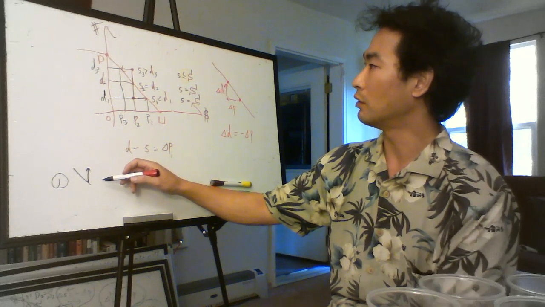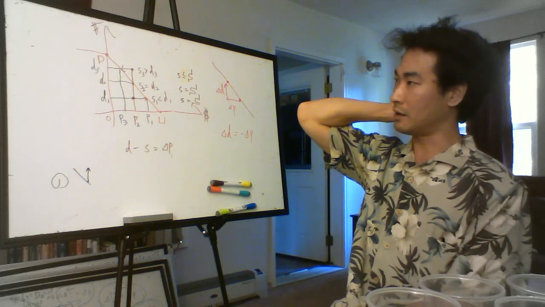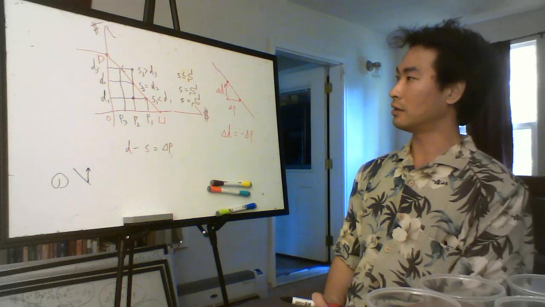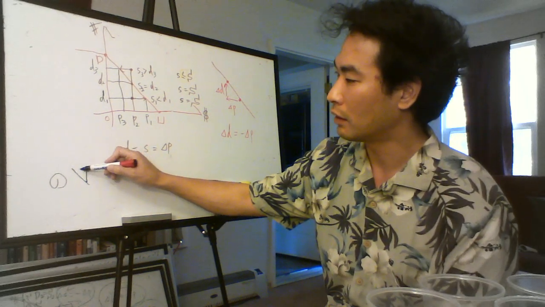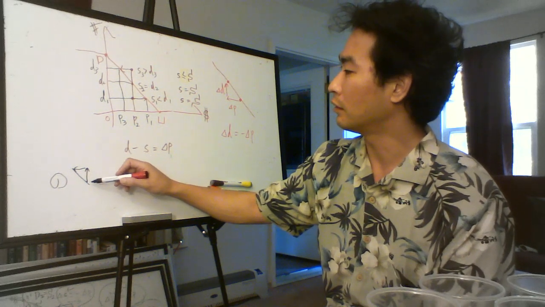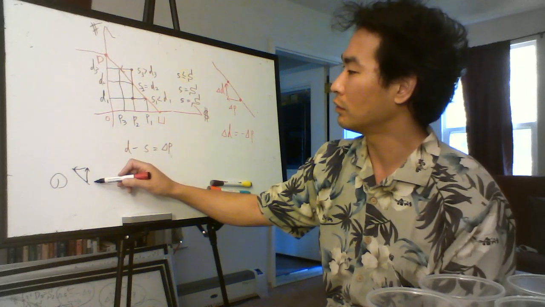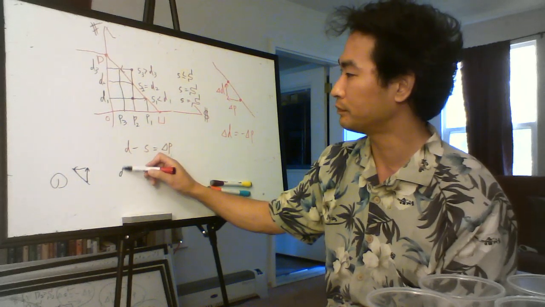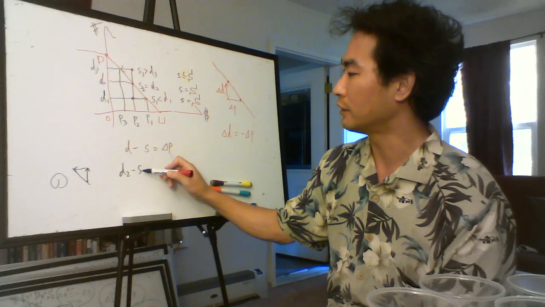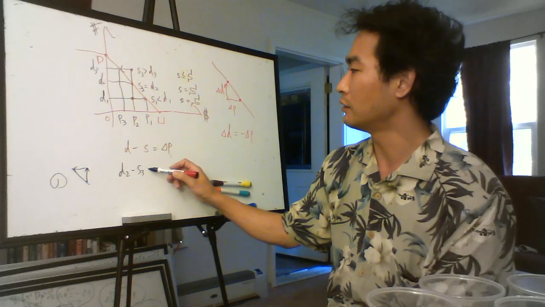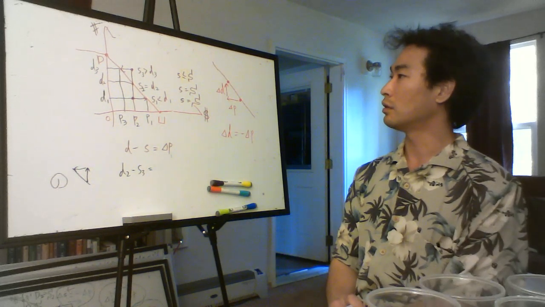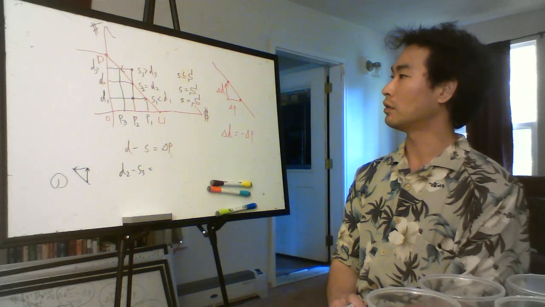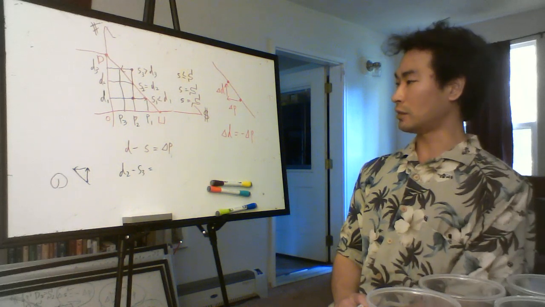So this is like D2 minus S3 is equal to delta P, right?